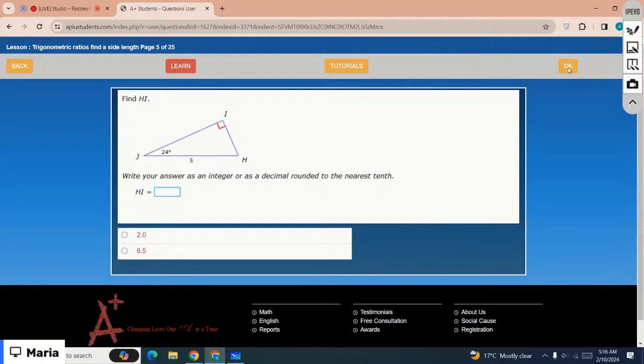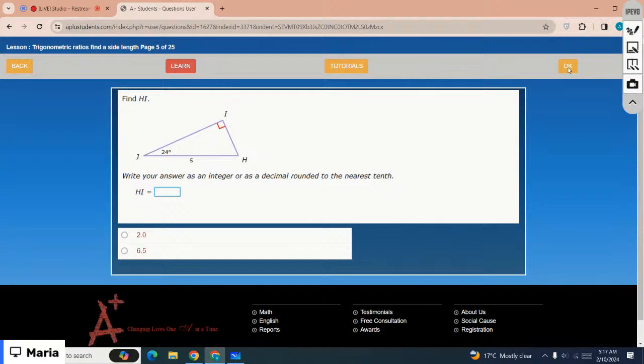You need to evaluate cos of 90, right? You need to do cos 90 times 5. So cos 90, no, but okay, you can do sine 24, right?